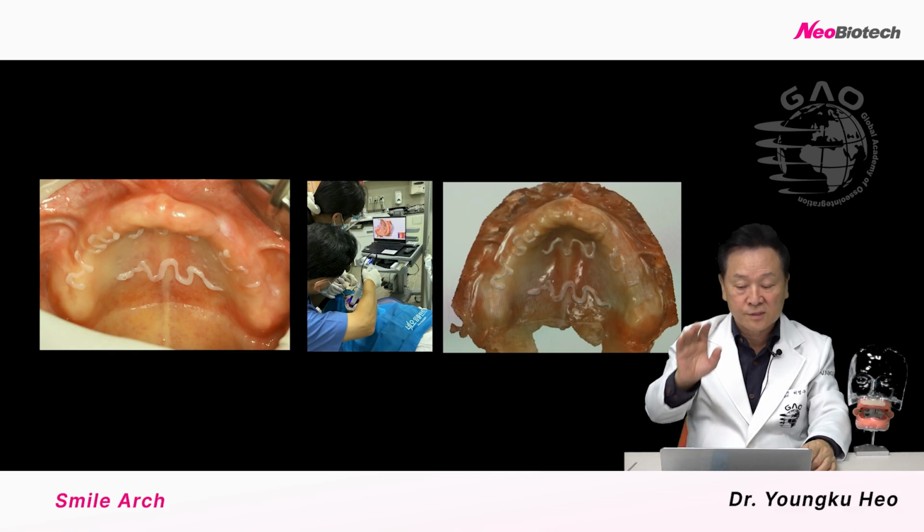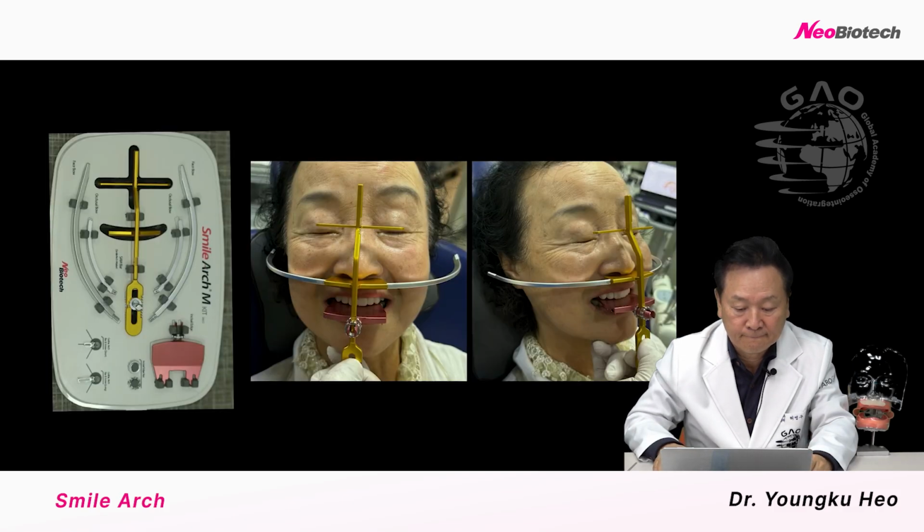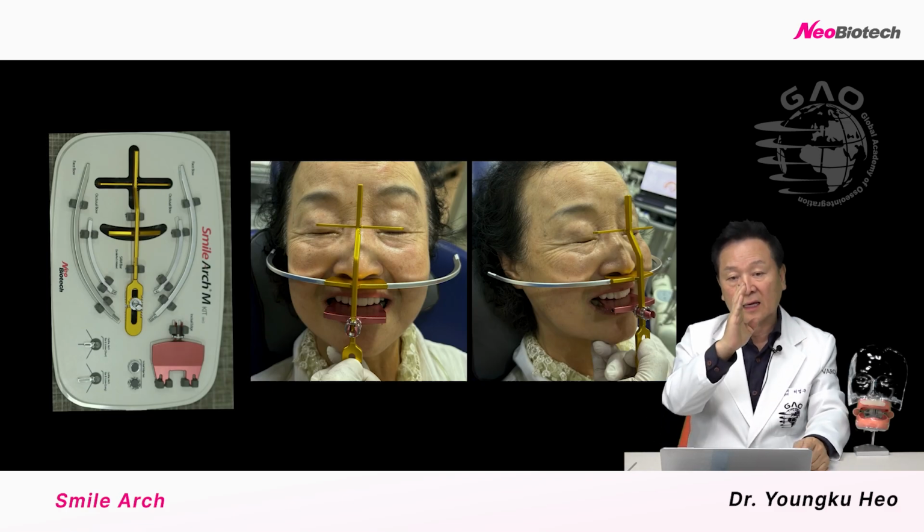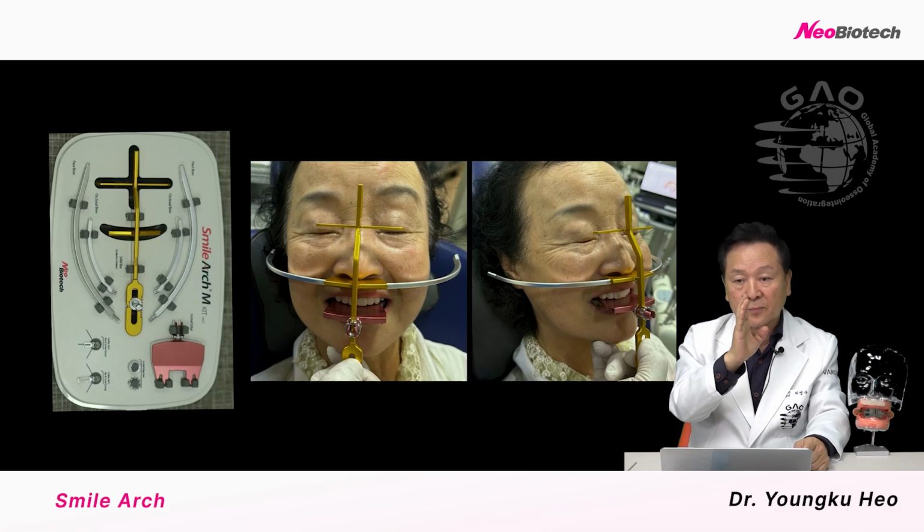Okay, the first, we applied this SmileArch M to the patient. It doesn't have to be a very accurate position; we can tilt like this, it's not a very important thing.